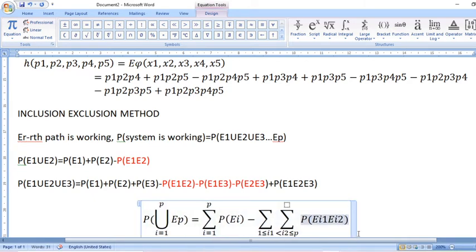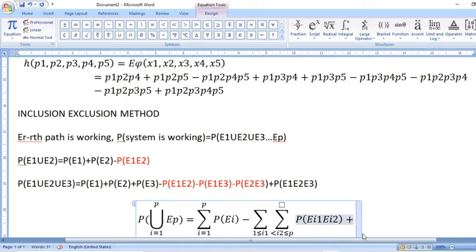Then plus, you should have three terms. What will be the terms?